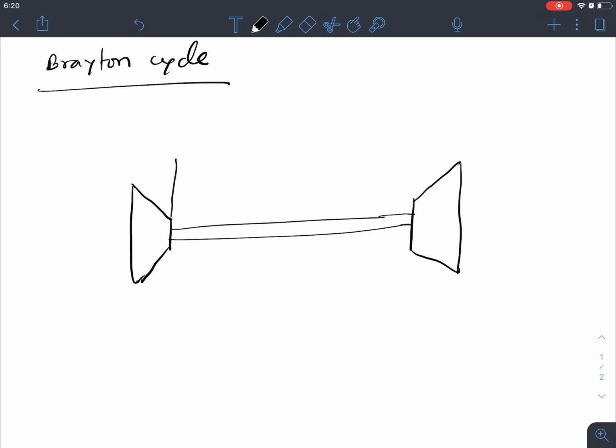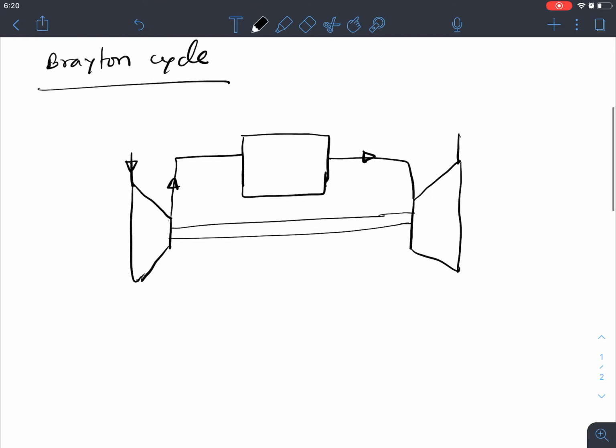From the compressor we had a combustion chamber, and from there it was connected to the turbine. So that was basically the simple Brayton cycle. So this is the inlet and then the outlet of the combustion chamber and the outlet of the turbine.